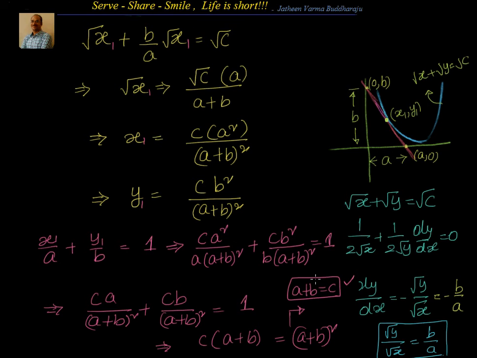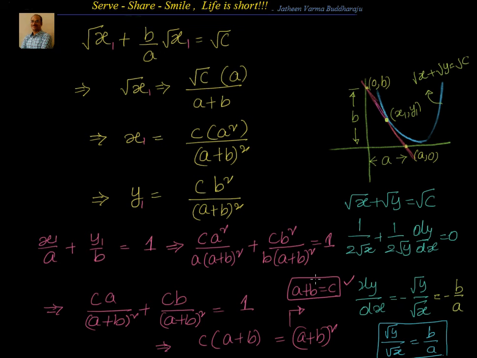Our approach was, we have taken a double intercept equation form, that is x by a plus y by b equal to 1. So we know there are 2 points on the line, a comma 0 and 0 comma b, that gives me slope equal to minus b by a.